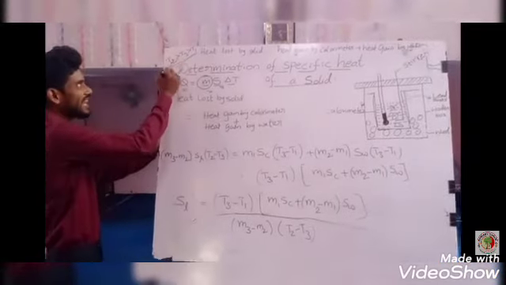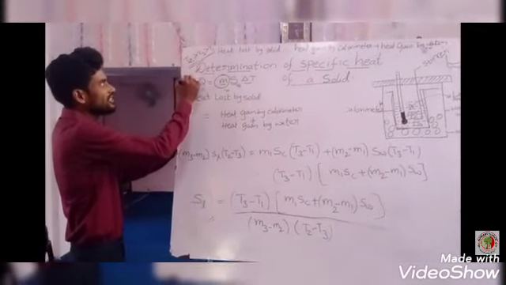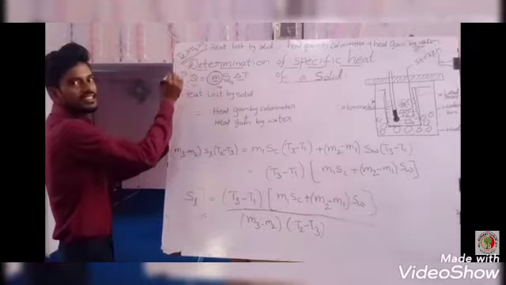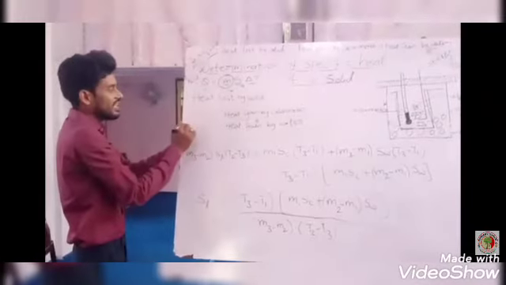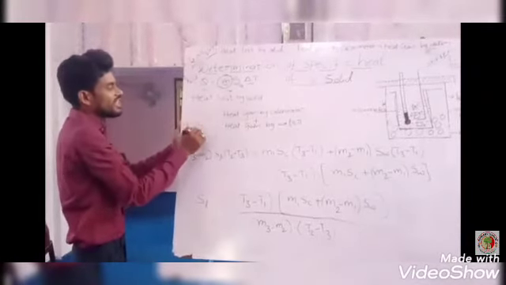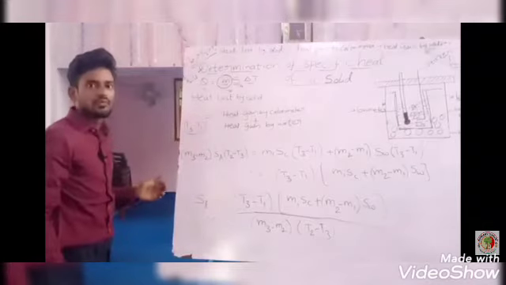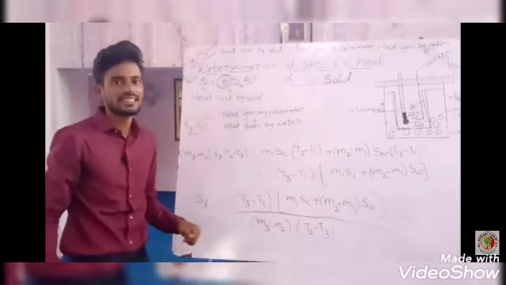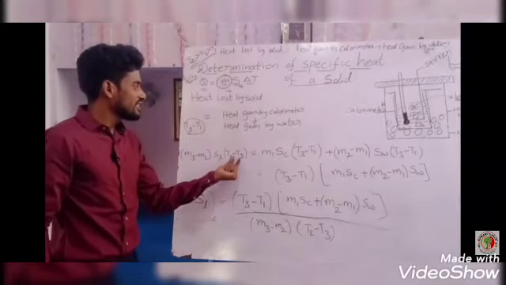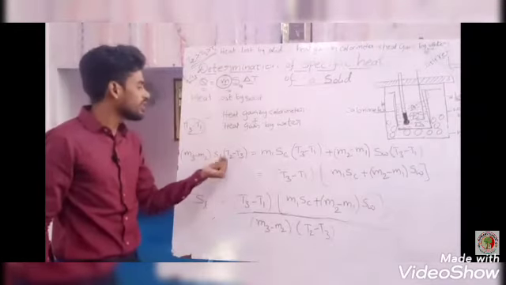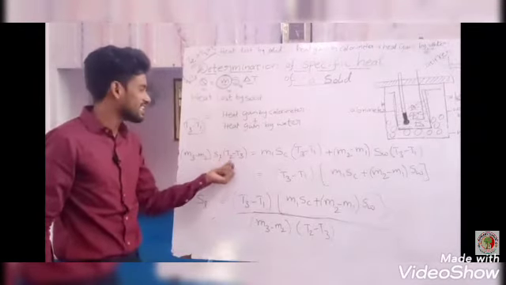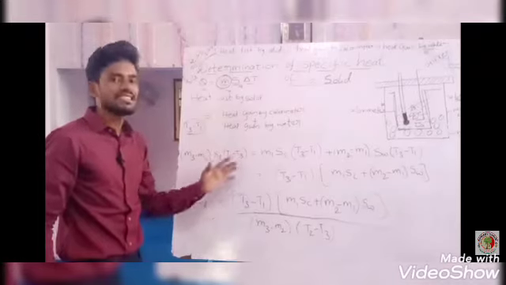You can subtract T2 to T3, and another way, T3 to T1. Yes, you can only subtract more minus less. Between T2 and T3, which is more? T2. That's why you subtract T2 minus T3.